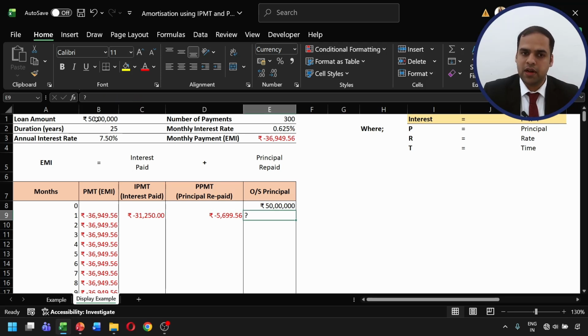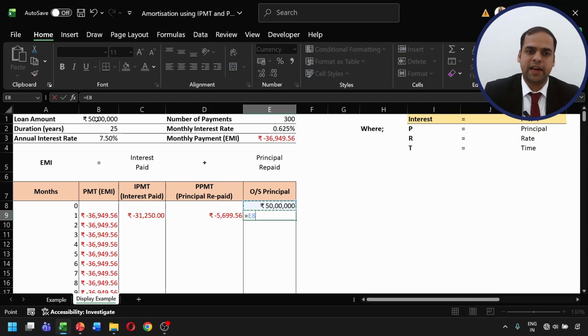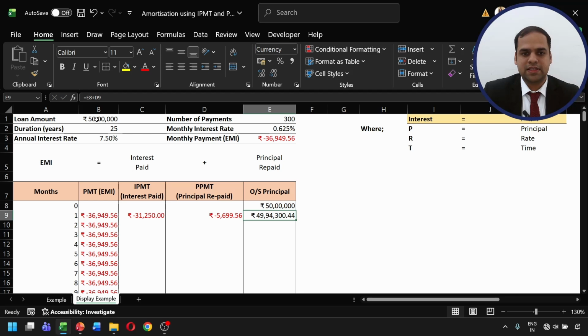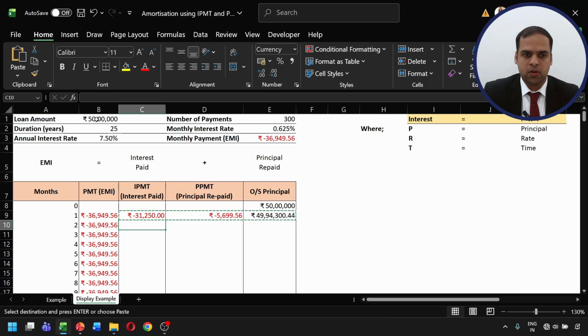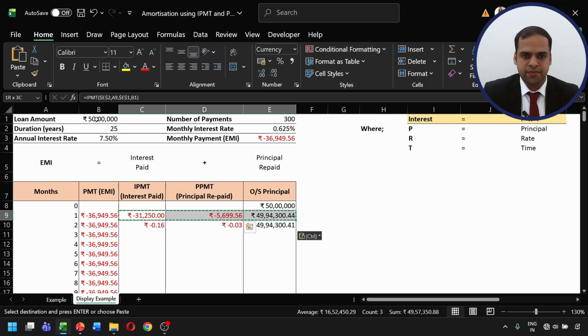So now what is our outstanding principal at the end of the first month? So the 50 lakh rupees minus the principal which we have repaid. So we get to know that this is our outstanding principal at the end of the first month. Now we can copy this formula.